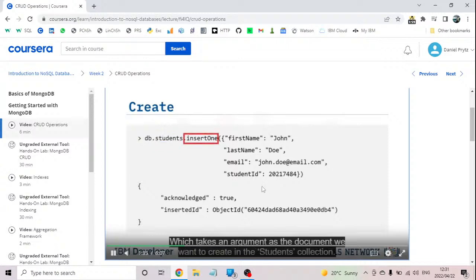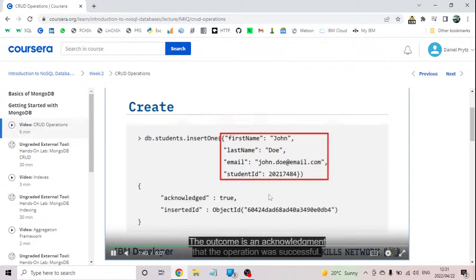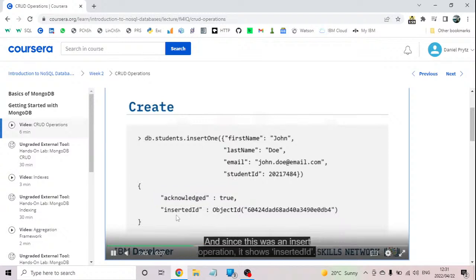This function takes an argument, the document which we want to create in the students collection. The outcome is an acknowledgement that the operation was successful, and it also shows the inserted ID.